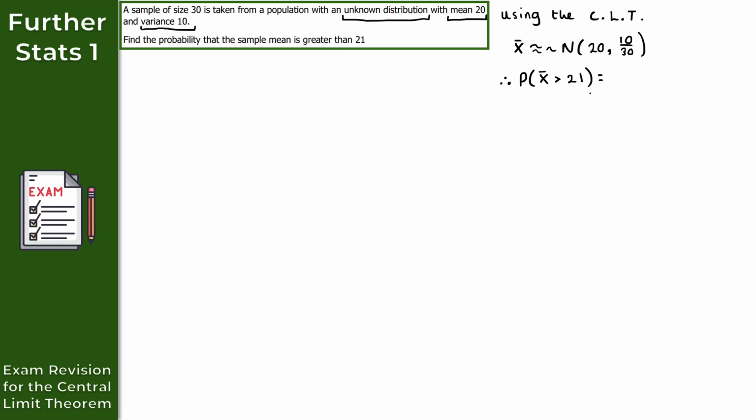Okay. And to find this probability here, we're going to simply use our calculator. So we go into stats mode, distribution, normal, and then NCD here because we're using the Central Limit Theorem and we get this approximate normal distribution. Okay, so NCD here, and it asks us for a few different things. So it asks us for the data type, which is a variable.